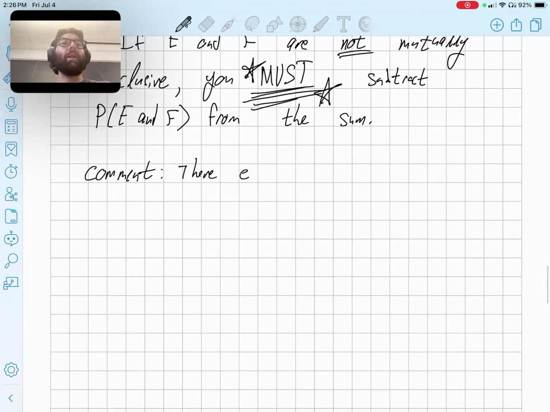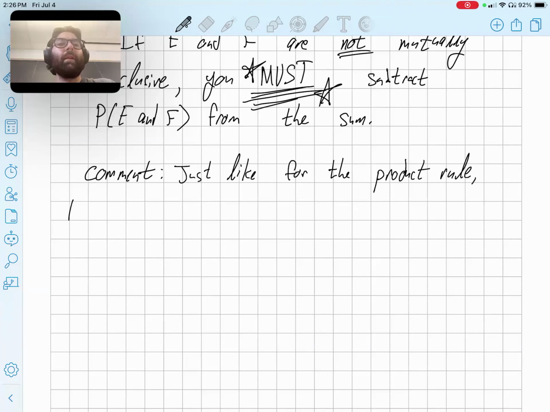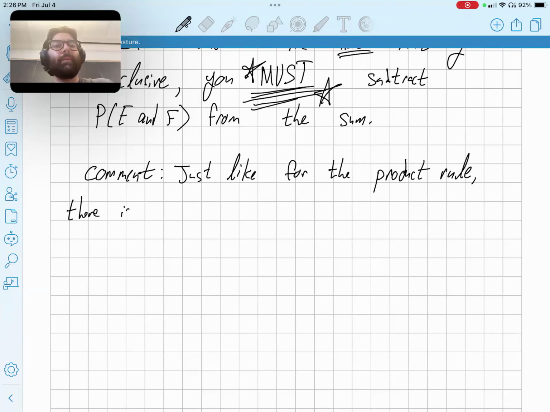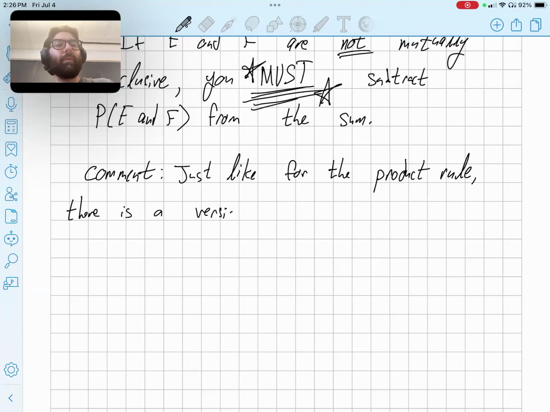Just like for the product rule, and for the multiplication rule and lots of other rules, there is a version of the sum rule for more than 2 events.